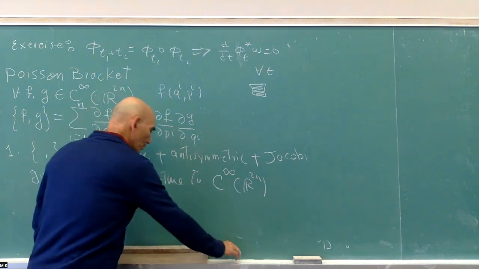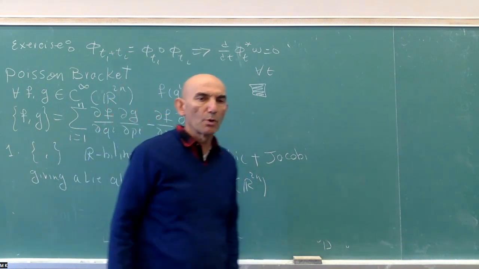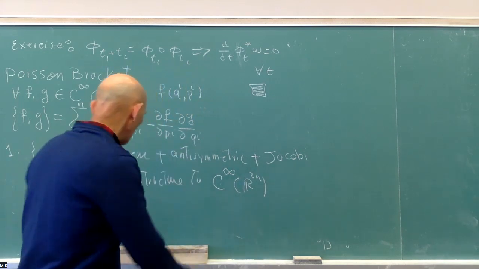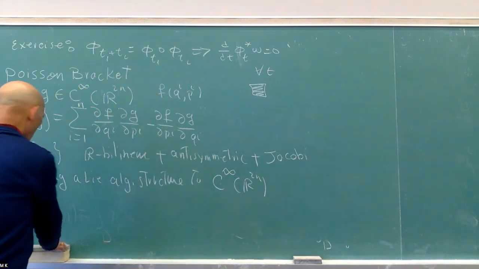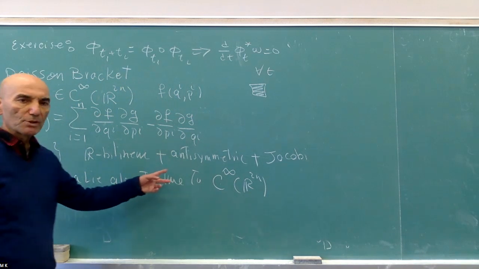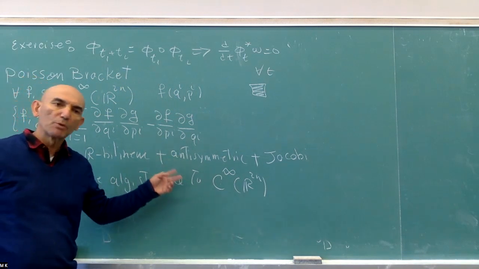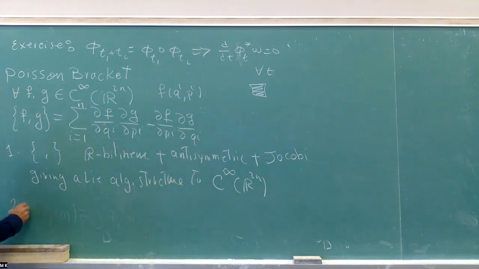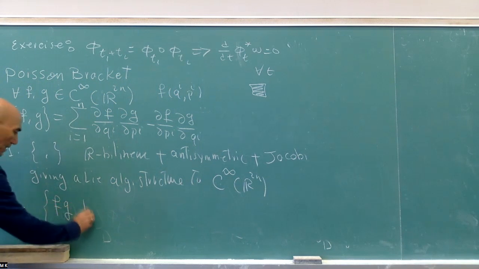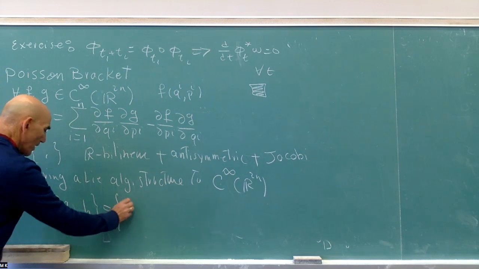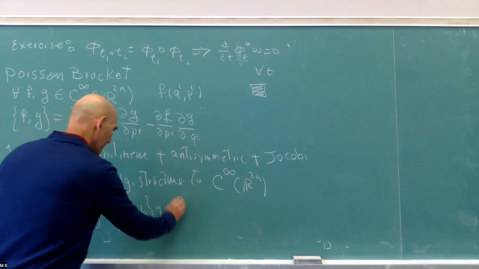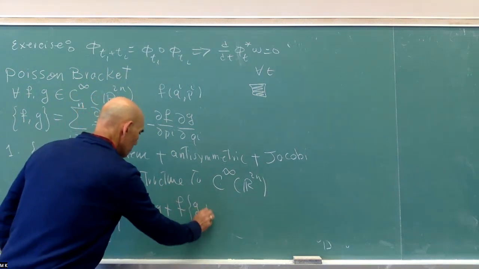But it has one more property that's also quite important. The Lie algebra structure is compatible with the multiplicative structure, with the algebra structure. So the commutator of f with gh is equal to {f,g} h plus g {f,h}.